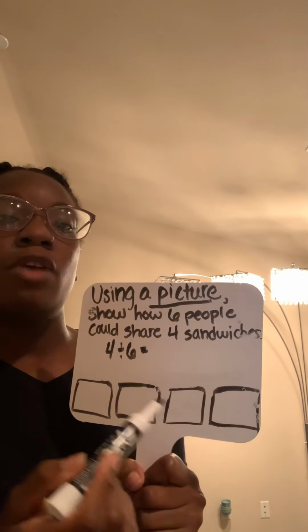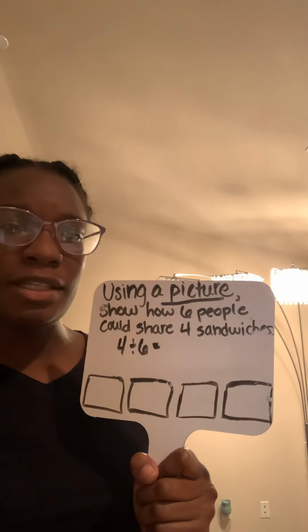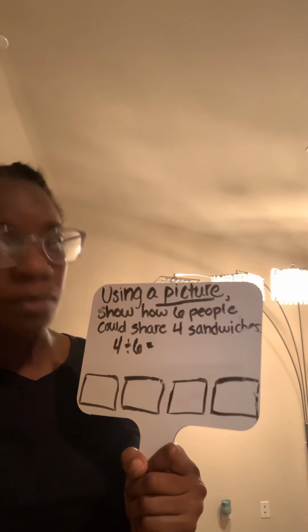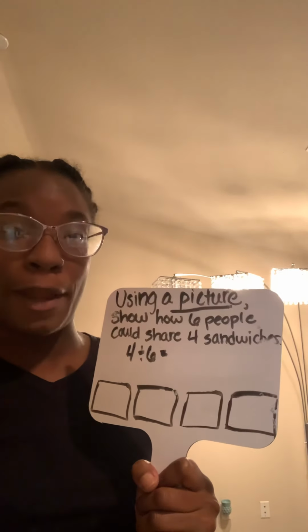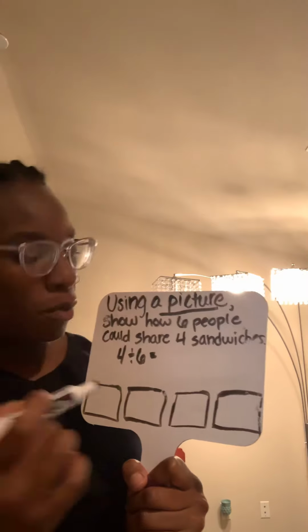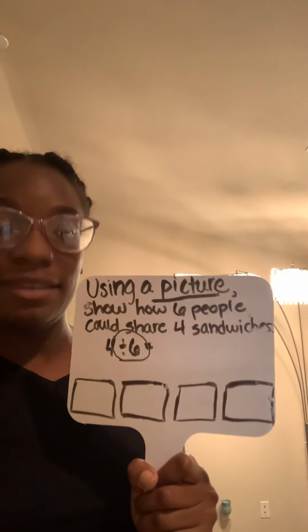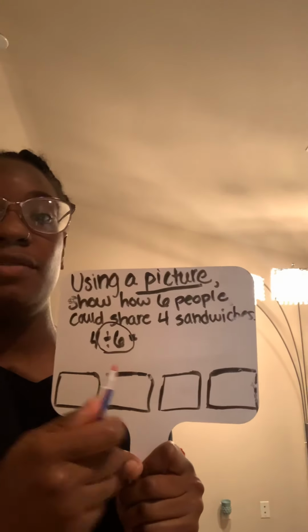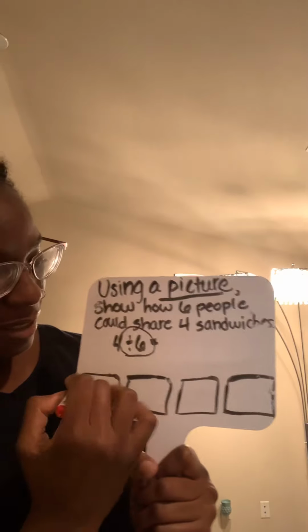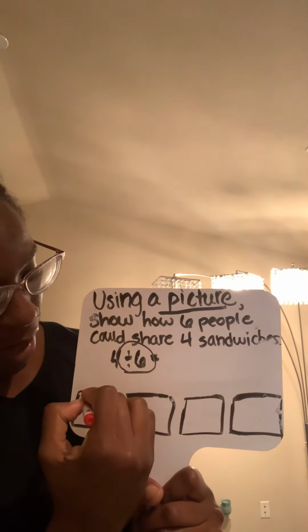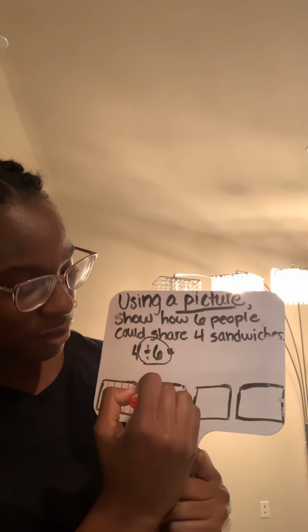So I've already drawn out my 4 sandwiches to begin our diagram, all right? And we know that we're dividing that once again by 6. So we've got to divide each of these 4 boxes by 6, all right?